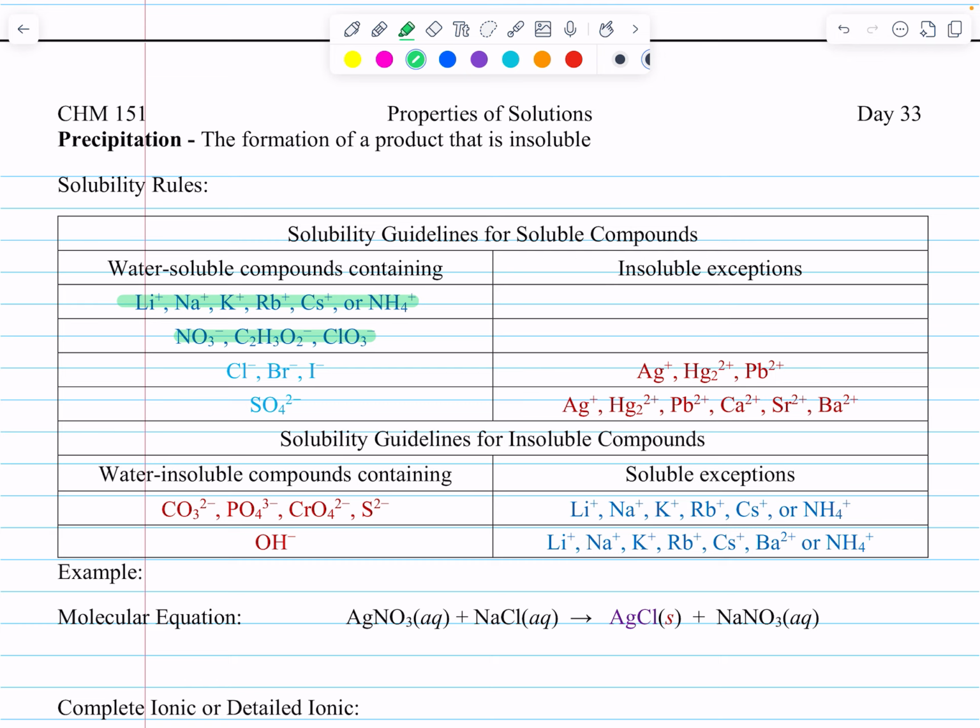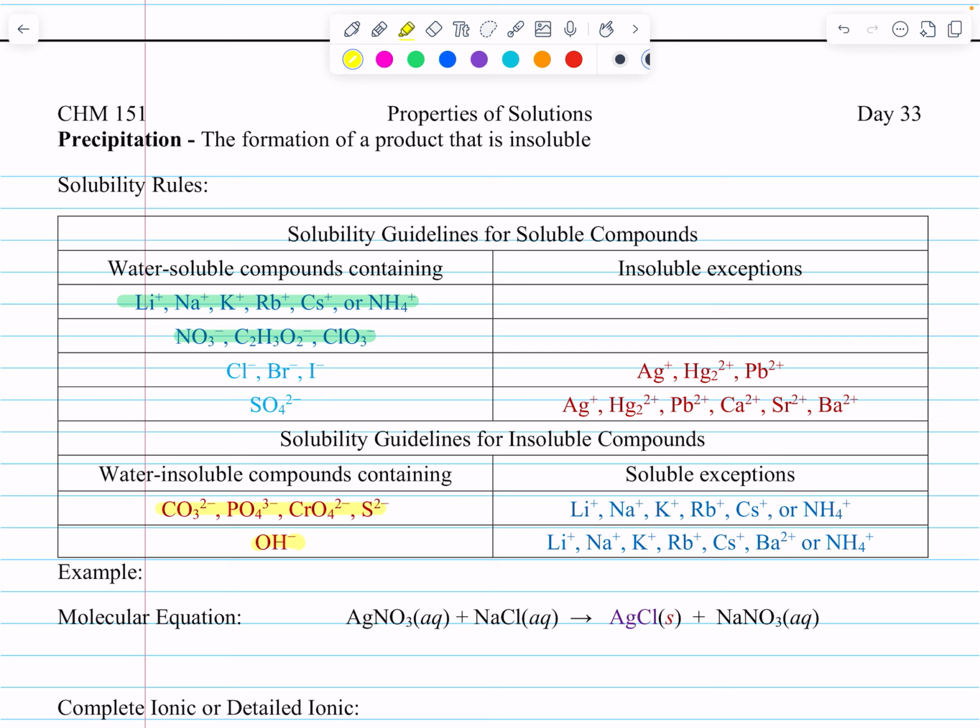Now, chloride, bromide, and iodide are soluble, but there are some exceptions. So if I see chloride, it's pretty much going to have an AQ after it, except if it's paired with mercury(I), silver, or lead(II). And then sulfate is soluble except with those. Now, these are the no-goes. These are not soluble, except when you pair them with group 1, basically.